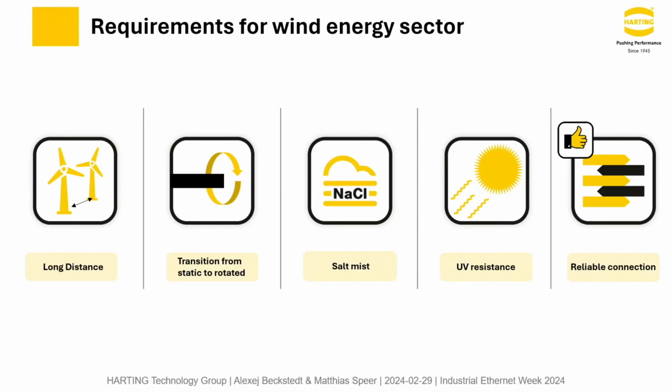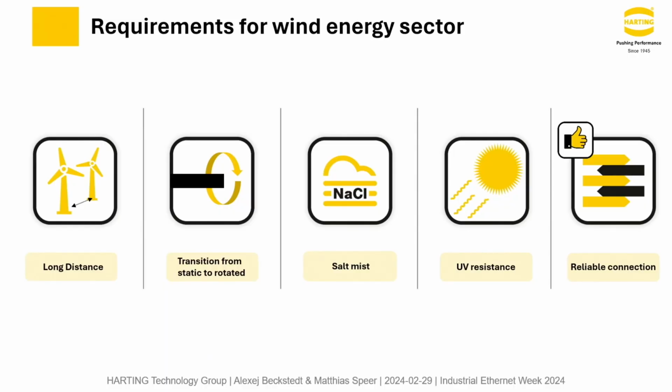Yes, thank you very much, Matthias. Also here, we have really long distances. If you imagine from the bottom up to the wind turbines, it is several, up to 100 or more than 100 meters. And also here, it's really necessary to have a clear, reliable Ethernet connection.